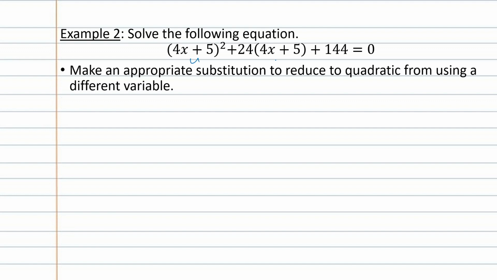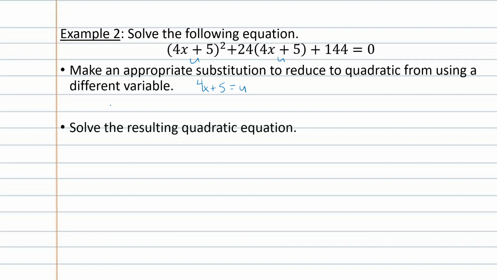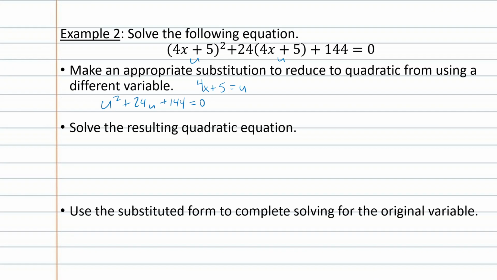Because if we put a u here and a u here, we could wind up with a substitution where basically 4x plus 5 equals our u, so that our overall equation looks like u squared plus 24u plus 144 equals 0.